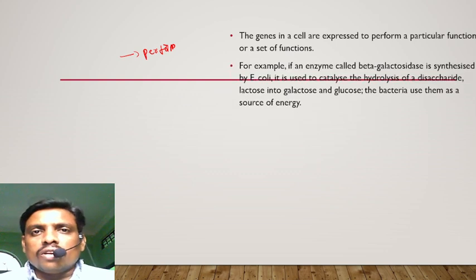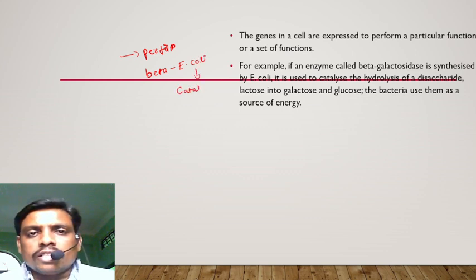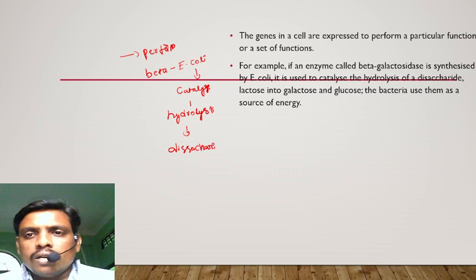For example, if an enzyme called beta galactosidase is synthesized in E. coli bacteria, it is used to catalyze the hydrolysis reactions of a particular disaccharide, lactose.